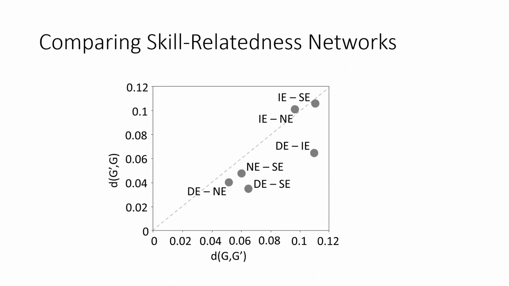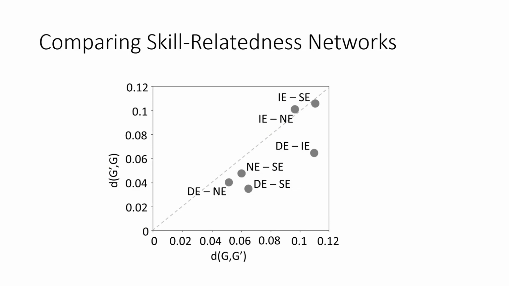But then if we look at the top, we have this comparison of Ireland to each of these countries. We can see that the Irish modular structure is quite different to that of the other 3 countries. Now, a really interesting finding here is specifically the dot of Germany, the comparison of the German skill-relatedness network and the Irish skill-relatedness network. What's really interesting here is, again, the asymmetry that we find.